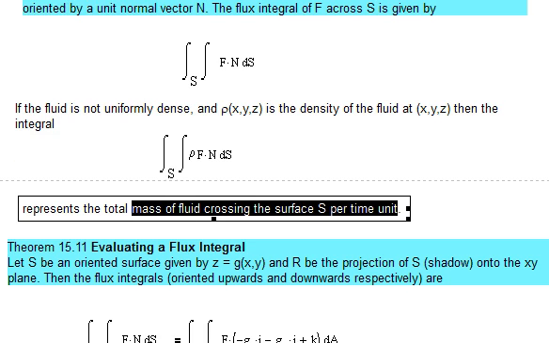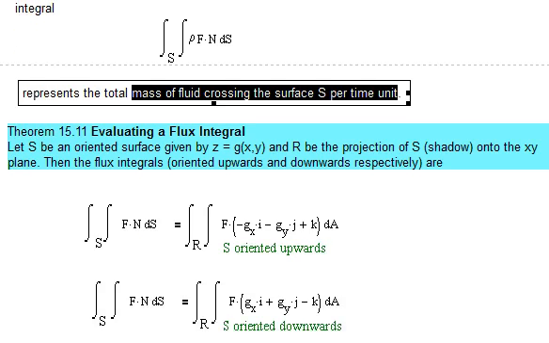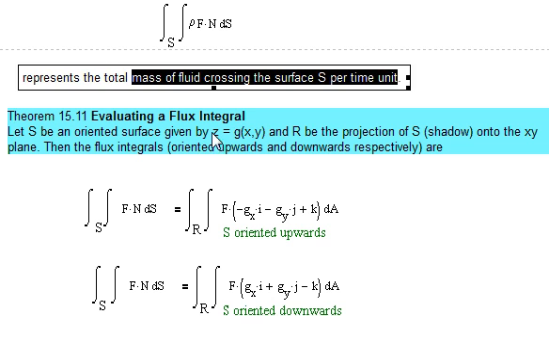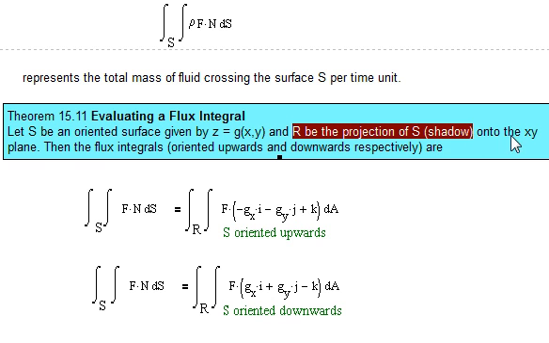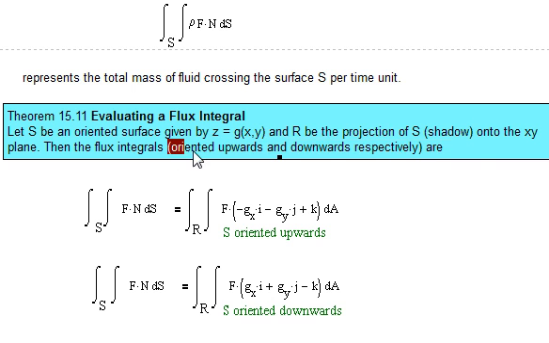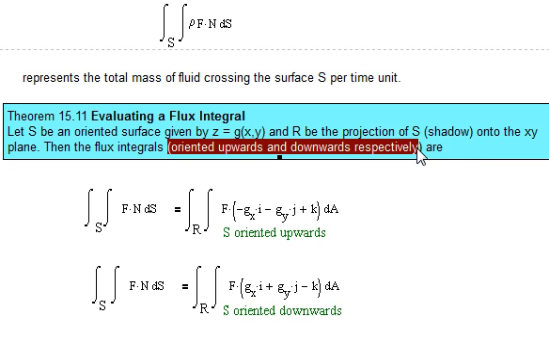So how do we evaluate such a flux integral? S is an oriented surface given by z equals g of xy, and R is the projection of S, the shadow if you want, on the xy plane. The flux integrals, oriented upwards and downwards respectively, are each given here.